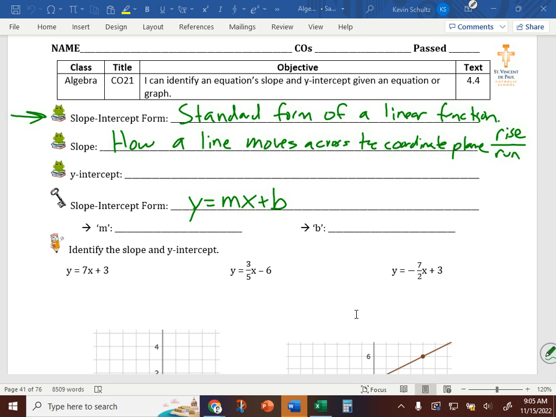How a line moves across the coordinate plane. Rise over run is our abbreviation. The y-intercept, as was so correctly defined earlier, is where a line crosses or intercepts or intersects the y-axis.